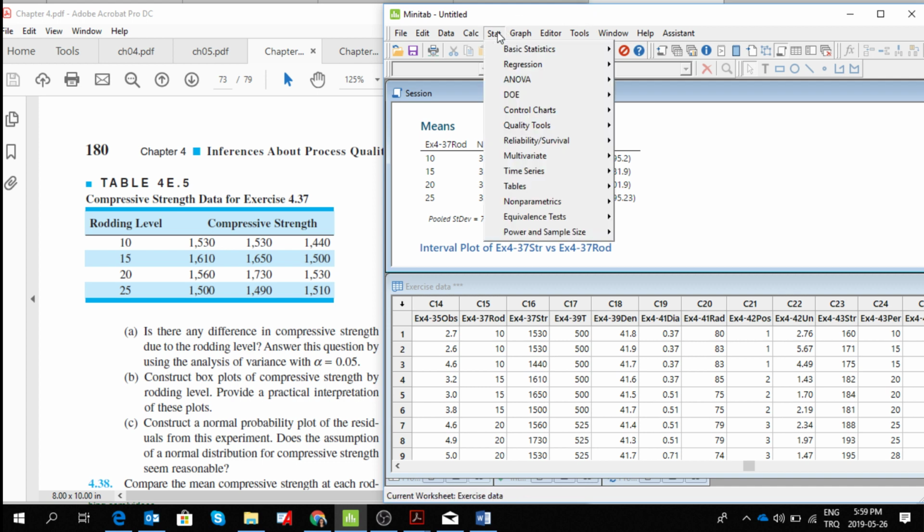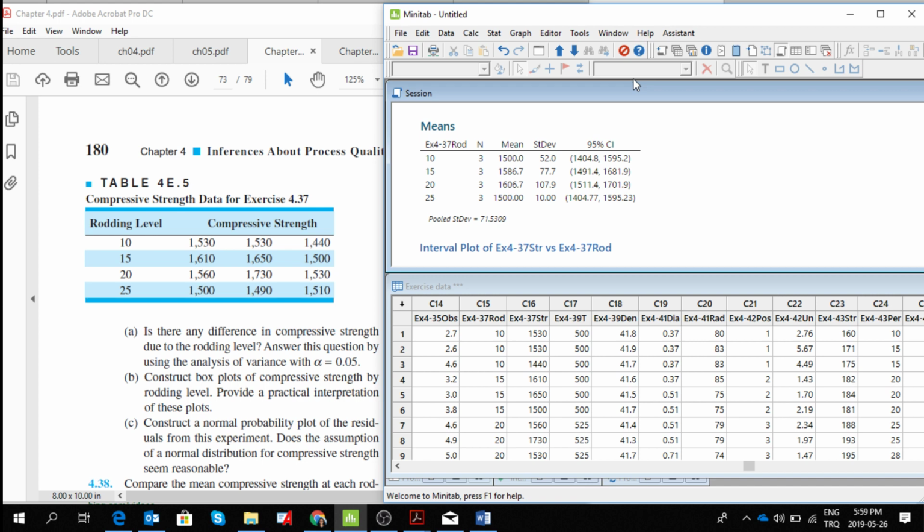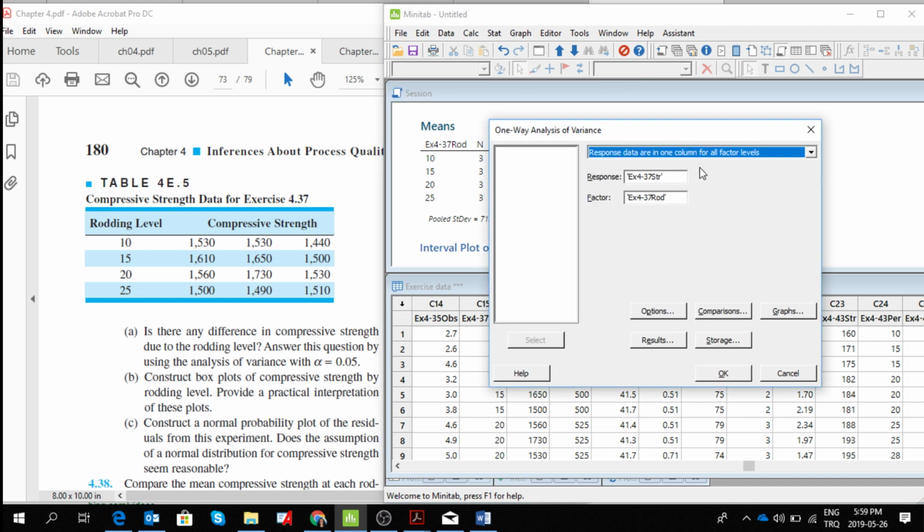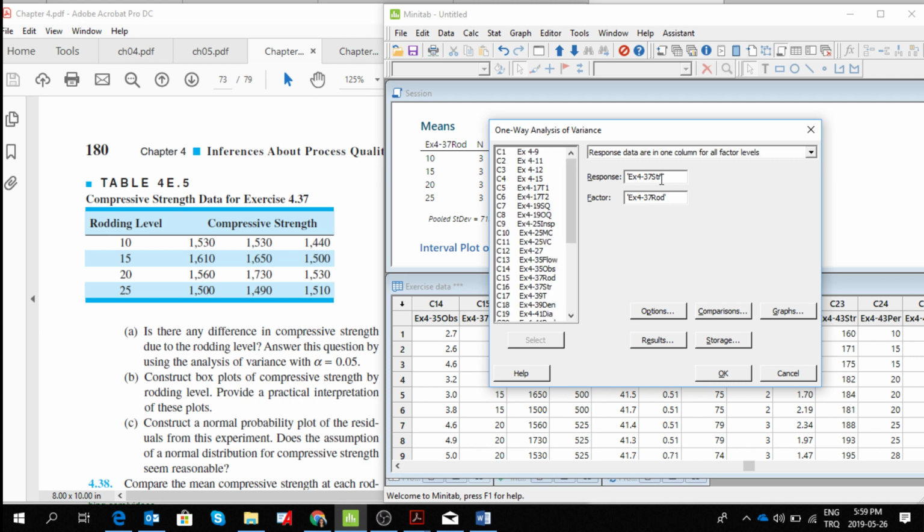According to that, we are going to choose the first option: response data are in one column for all factor levels. So I chose C16 as our response variable, and the factor levels were entered in C15.